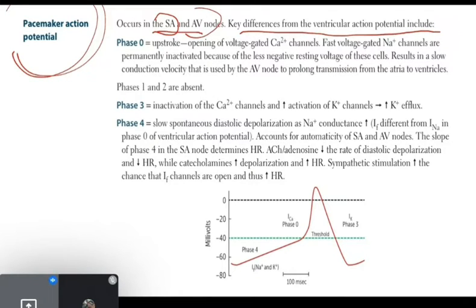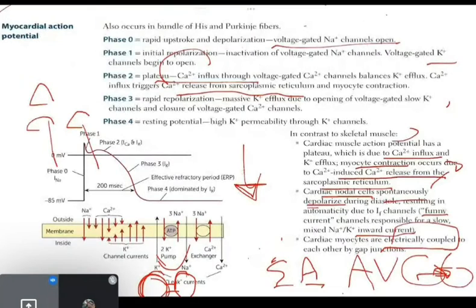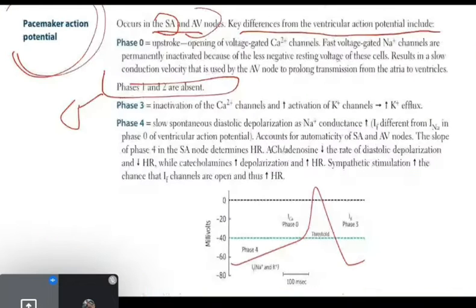It is different from the myocyte, the cardiomyocyte action potential, in that it has no phase 1 and 2, and we will see later what phase 1 and 2 are. This is here, phase 1 and 2, which is the sodium, the initial repolarization, which is the potassium going out of the cell, and of course phase 2, which is the sarcoplasmic release of the calcium and so on. So phase 1 and 2 are absent in the SA and AV node action potential.